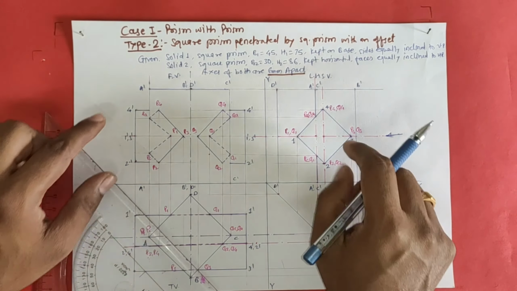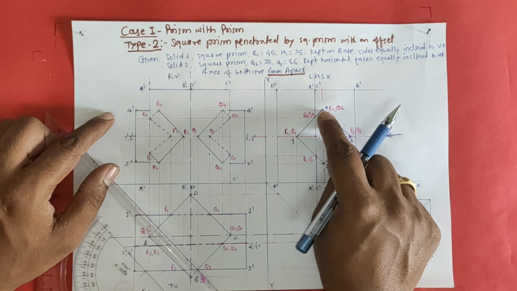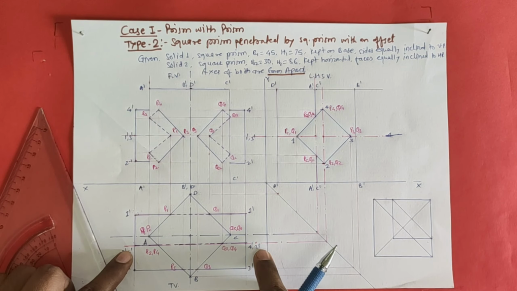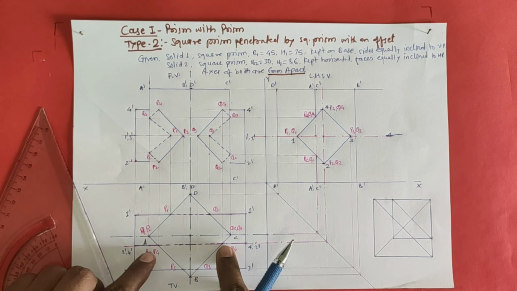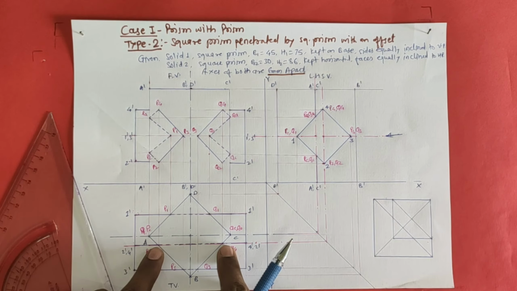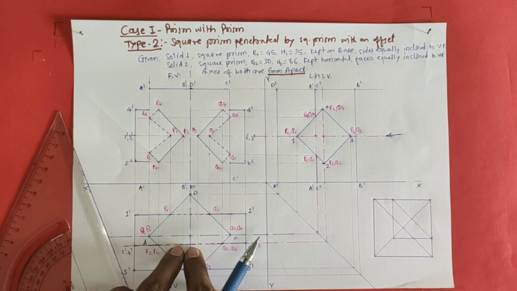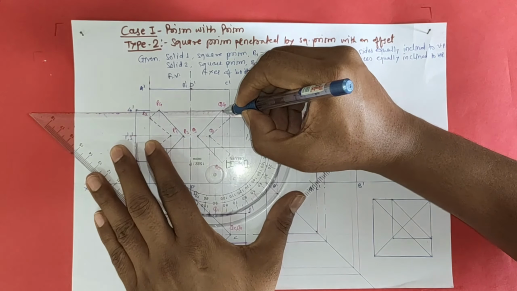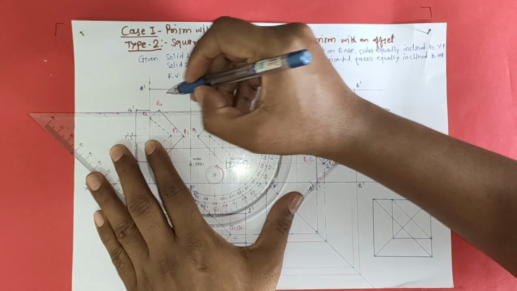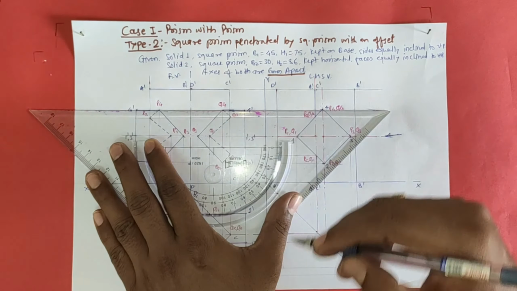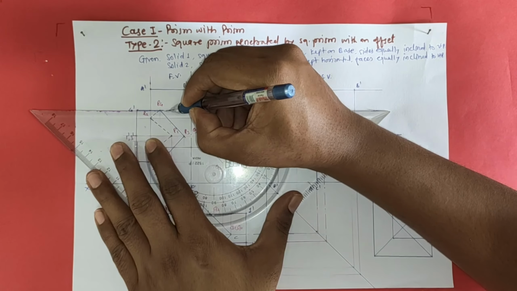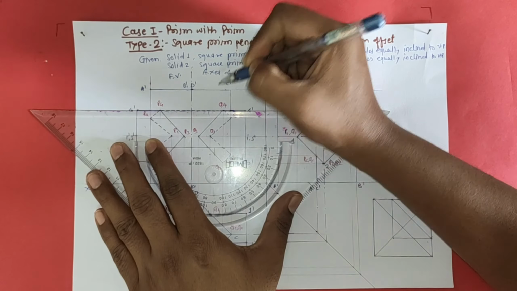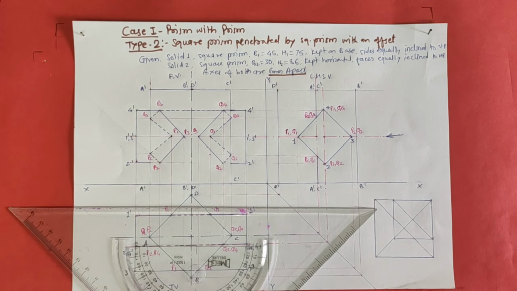Okay, see, now I will join the first 4 4 dash line. So see the 4 4 dash line in the front view. Up to Q4 and up to P4 it is dark, and in between it is hidden. So I will dark it up to this point, and again up to this point as dark, and in between it is hidden, as it is going inside the vertical prism.